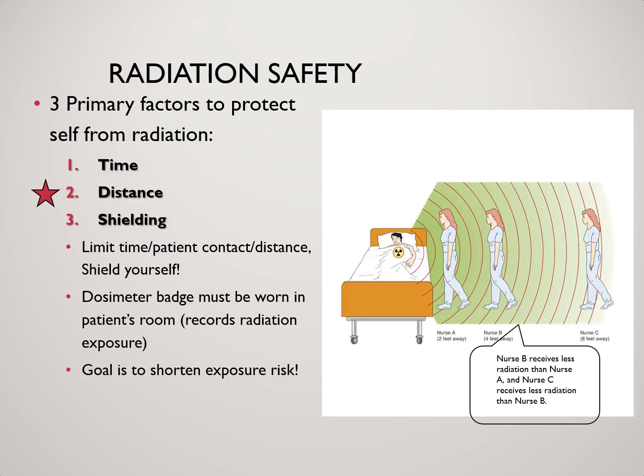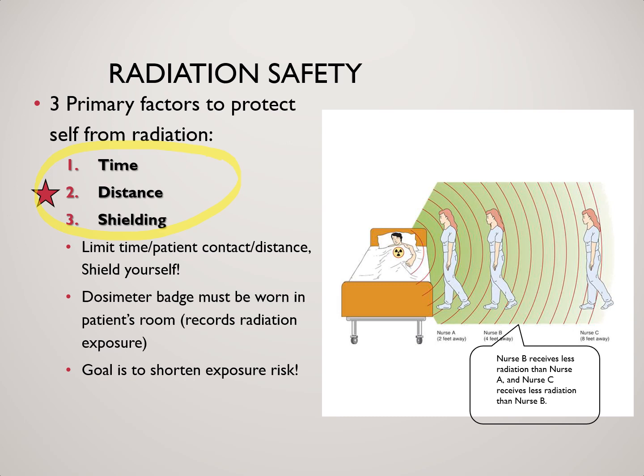There are 3 primary factors to protect oneself from radiation. These are your safety measures that I want you to know. We're going to limit our time in the room, limit our distance, and shield ourselves. So we're going to be wearing a lead apron in the room to shield ourselves.